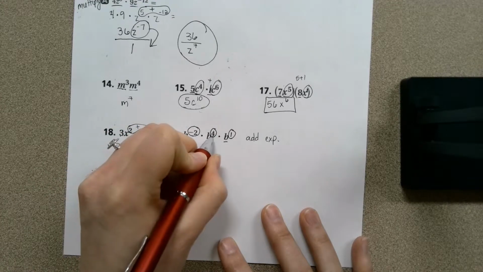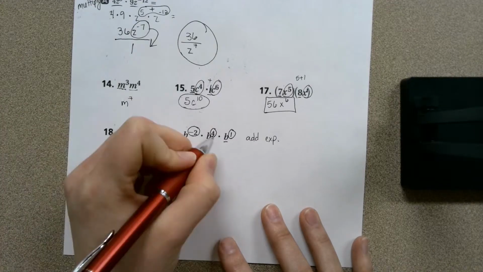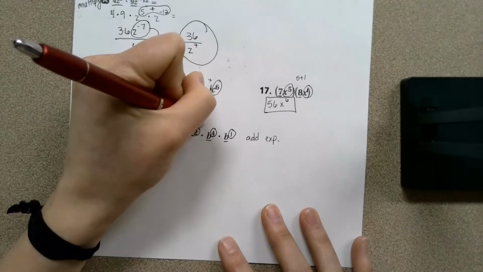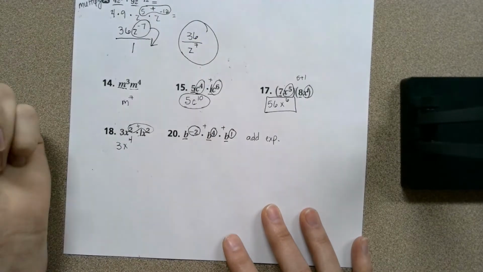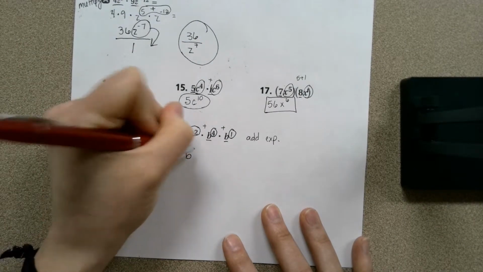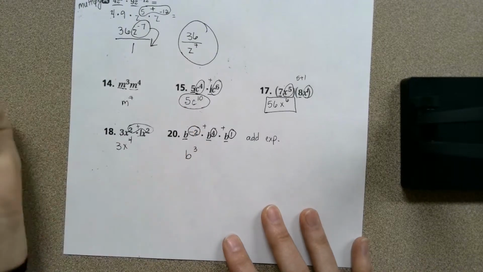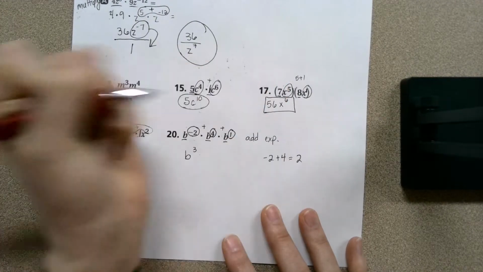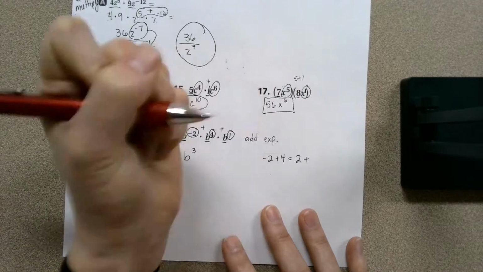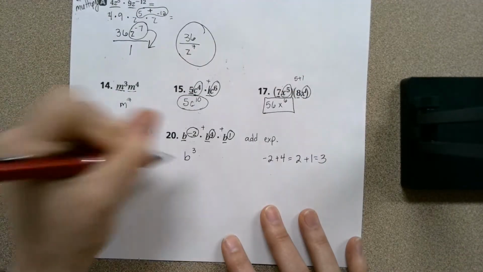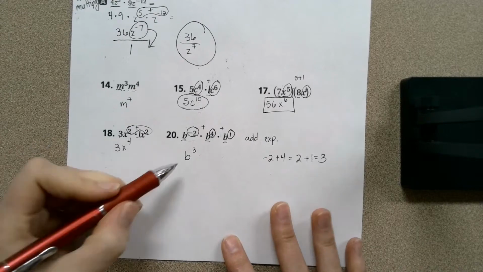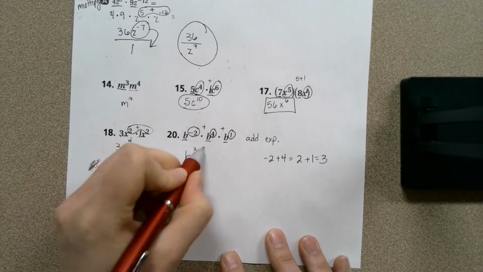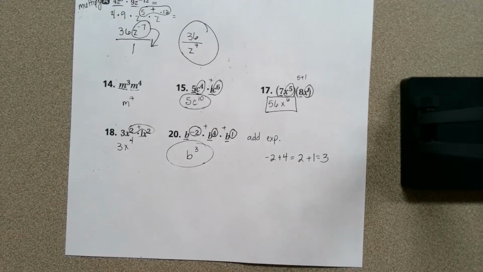Negative 2 plus 4 gives us 2. 2 plus 1 gives us 3. So b to the 3rd is our answer. It wasn't negative, so we don't have to take another step. That's just our final answer.